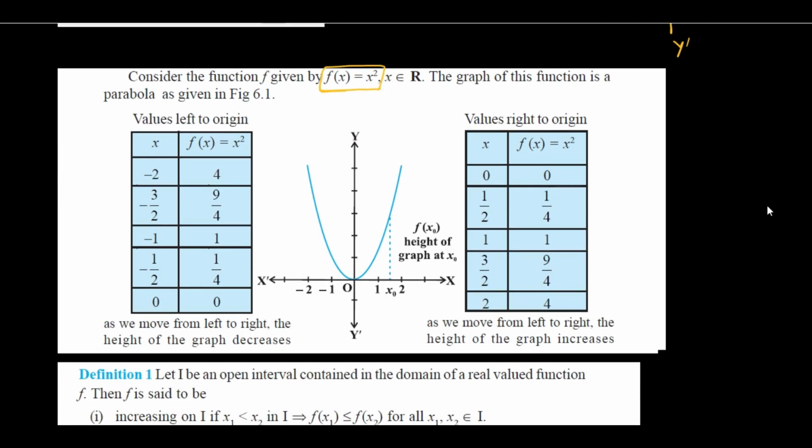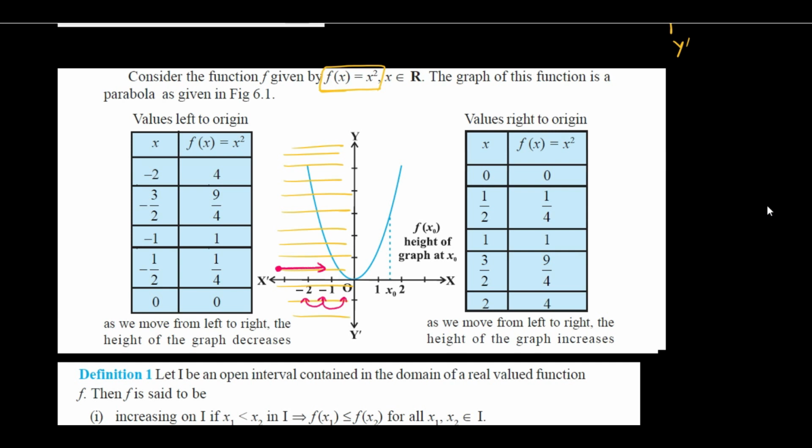Now you can see the graph here. Now focus on the left part of the origin. Here you can see, if we move from left to right, that means -2 to -1, -1 to 0, like this.